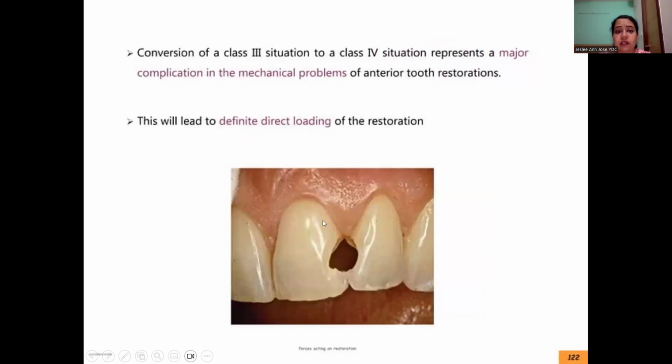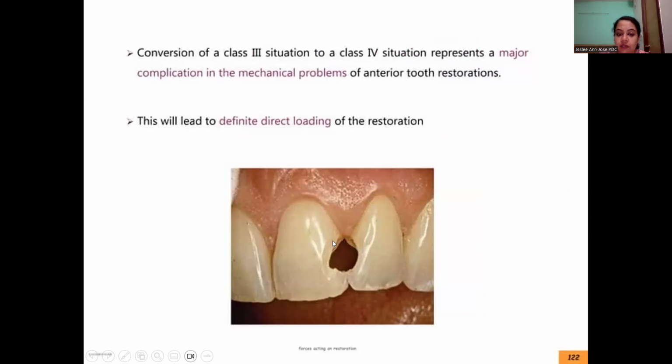Whenever you convert a class 3 situation into a class 4 situation, that is another major complication, because in a class 3 situation, the occlusal force is not coming directly onto the restoration, but there is an intact tooth in between the opposing tooth and the restoration.